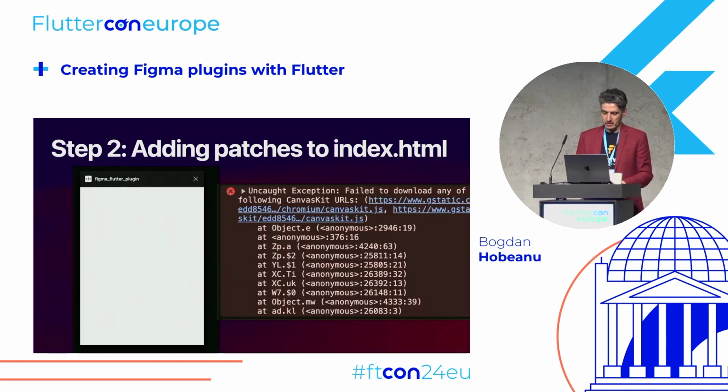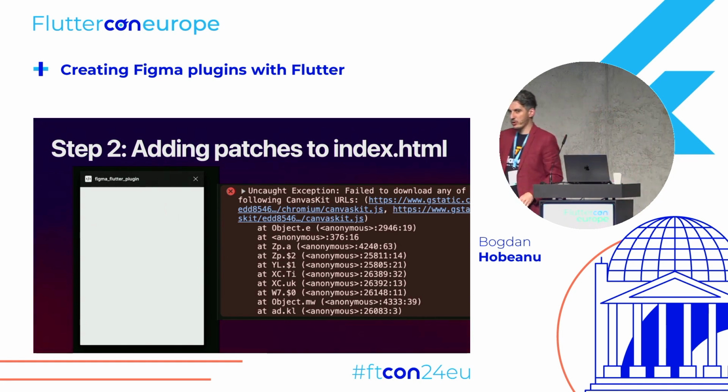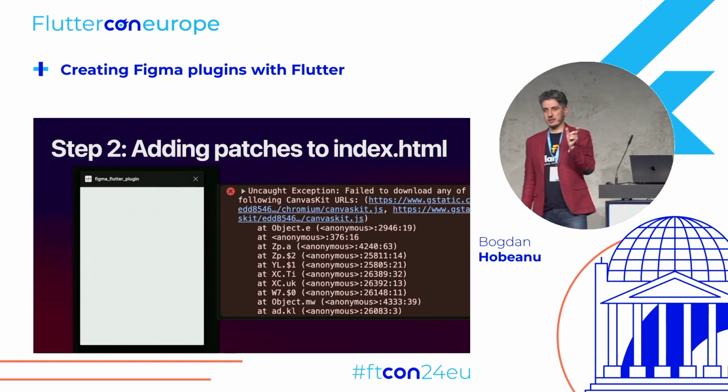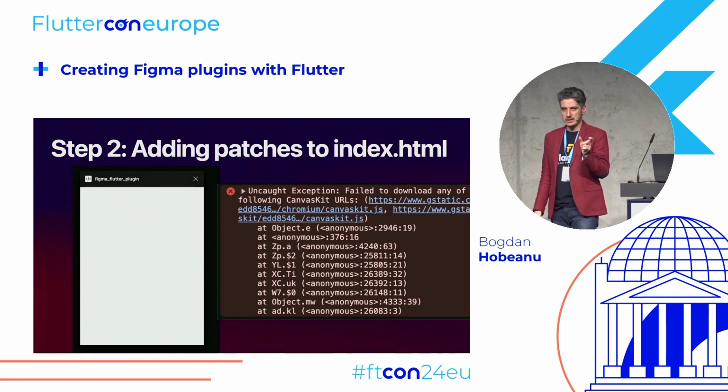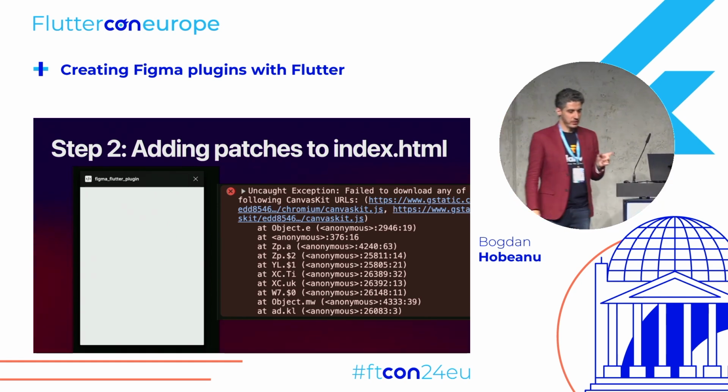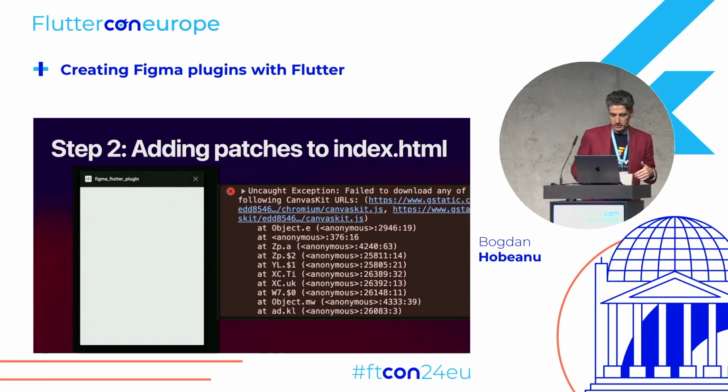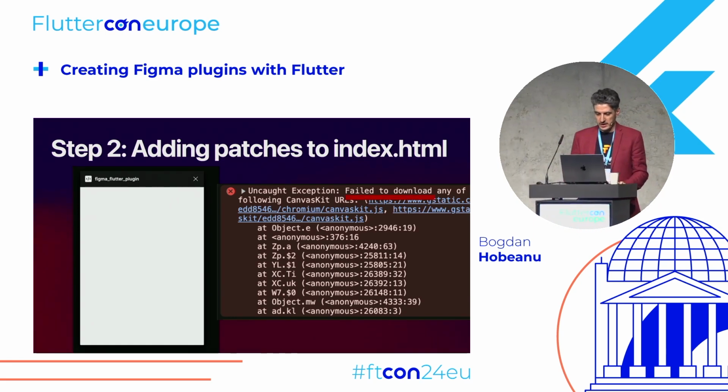Then we said, okay, we added those patches and tried again, and again, a blank window. Let's see the next error. It says something about canvas kit URLs. And remember, before I told you about that manifest.json, that is the settings file for the plugin. That settings file also contains some settings regarding the network.